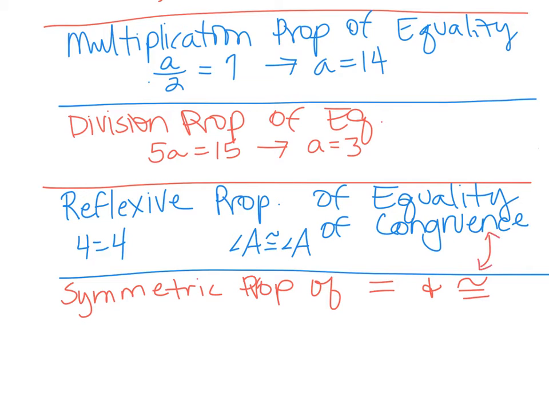Remember, that's the symbol for congruence. So if A equals 5, then 5 equals A. Or if segment AB is congruent to segment CD, then segment CD is congruent to segment AB.